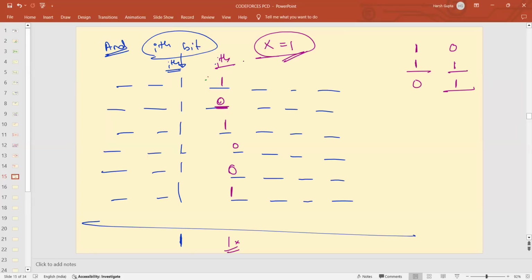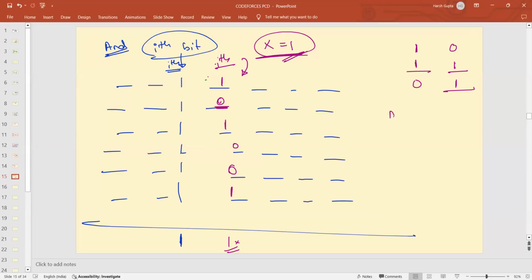So this is the configuration of the numbers for this ith bit: the first number has bit 1, the second has 0, the third has 1, the fourth and fifth have 0, and the sixth one has 1.